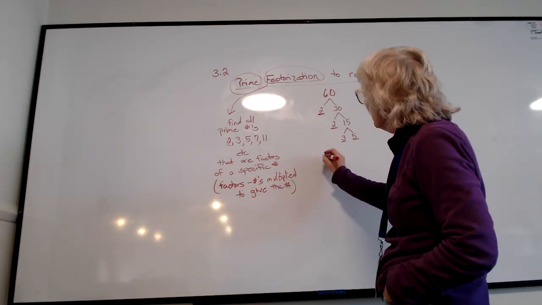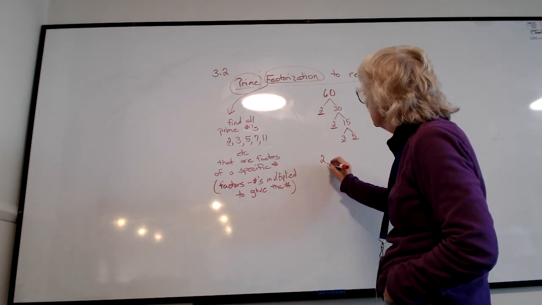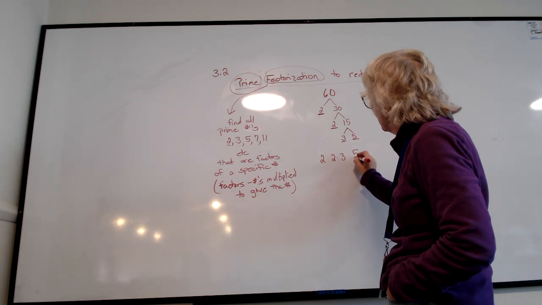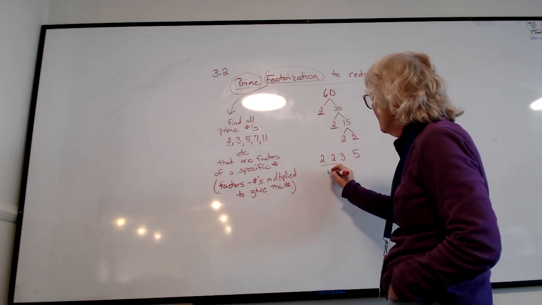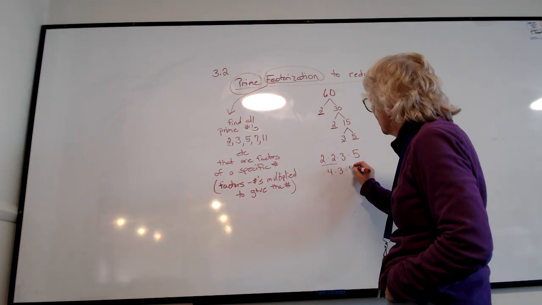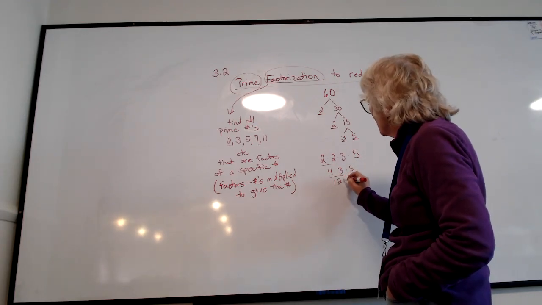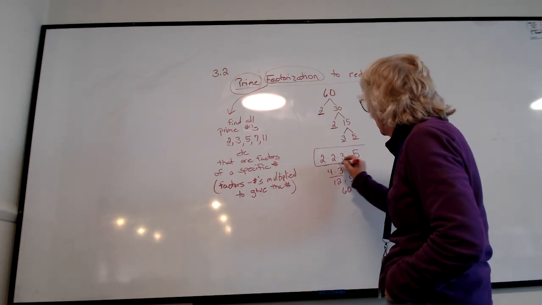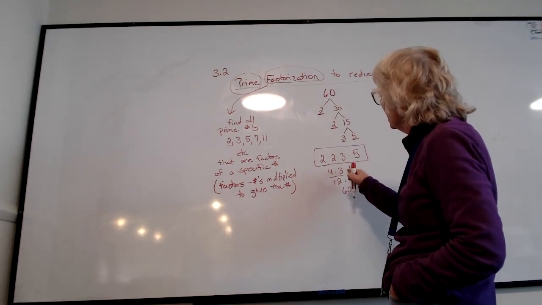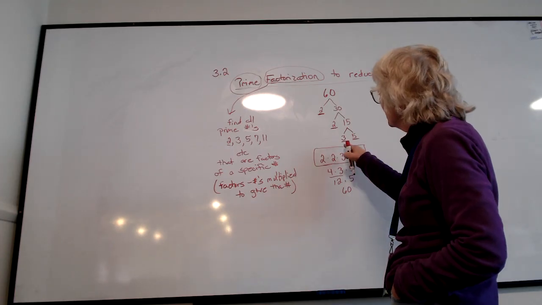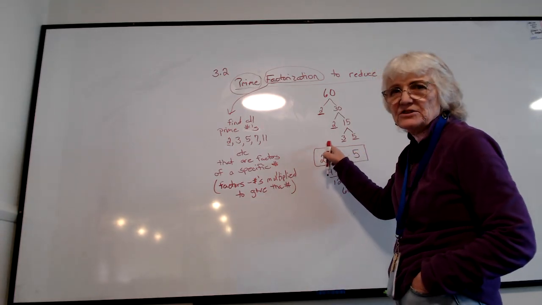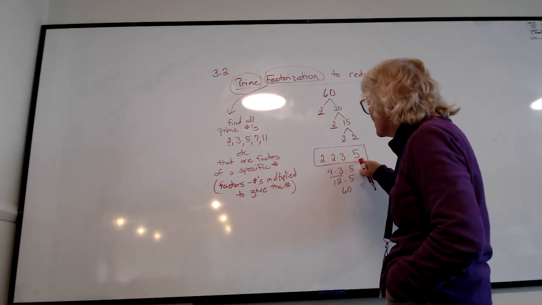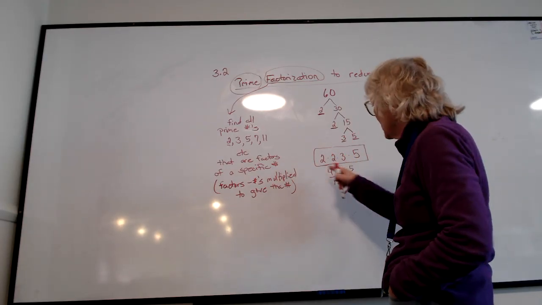So now I know my prime factorization of this is 2 times 2 times 3 times 5, which let's check. 4 times 3 times 5, 12 times 5. 12 times 5 is actually 60. Yes, when I multiply these together, it results in 60. So this is called the prime factorization of 60. It's the only prime numbers you can multiply together to get 60. You can't use any other numbers.